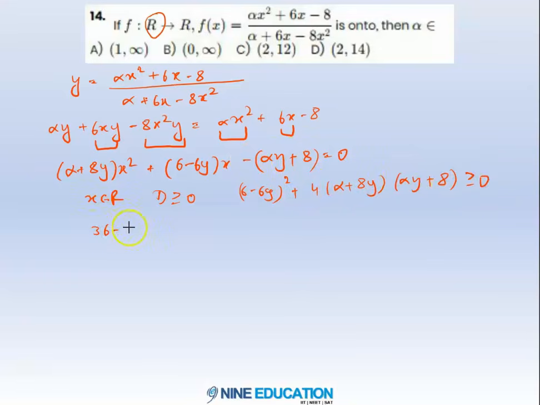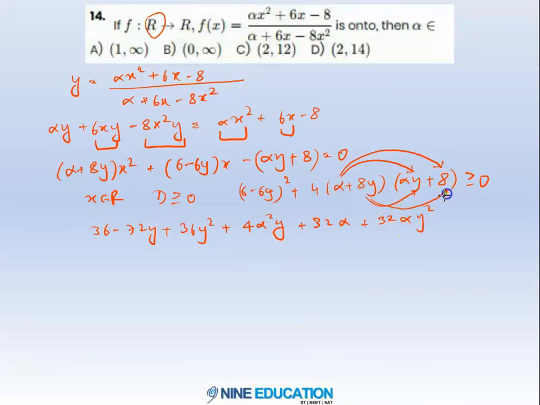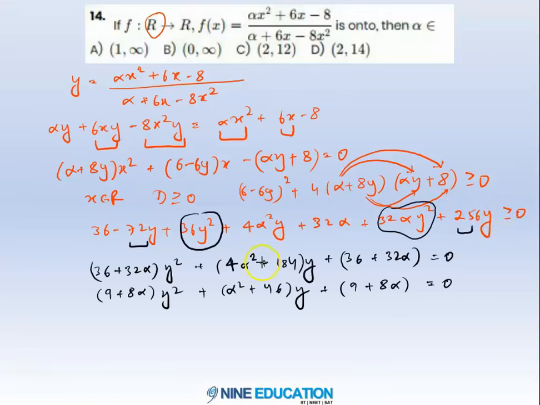So this is 36 minus 72y plus 36y square, and 4 times of this: alpha into alpha y, that is alpha square y, then again alpha into 8, that is 8 alpha into 4, 32 alpha, then again 8y into alpha y, that is 8 alpha y square into 4, 32 alpha y square, and finally 8y into 8, 64, 64 into 4, that is 256y, has to be greater than or equal to 0. So after arranging all the terms in the form of a quadratic in y, we are getting this.